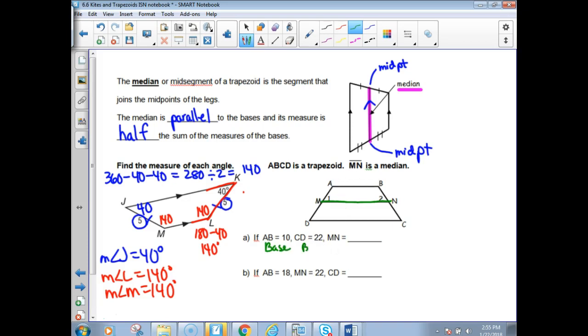CD is a base. If you have two bases, then you take those bases and you add them. And then you divide that by 2 to get the mid-segment. So 10 plus 22 is 32. 32 divided by 2 gives me 16 for the median.